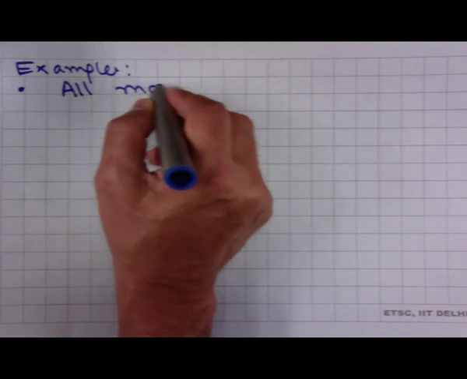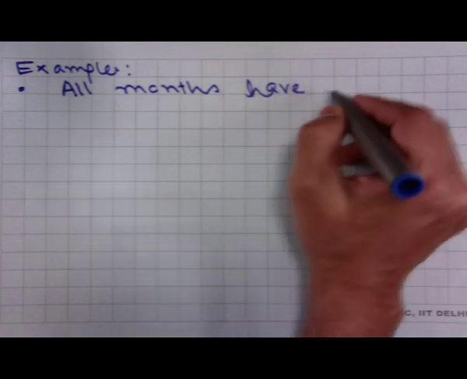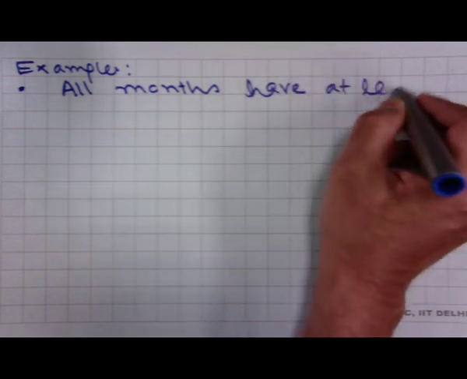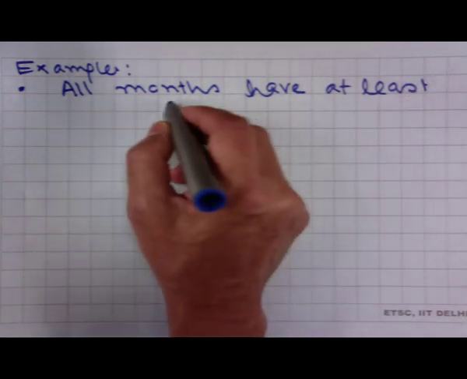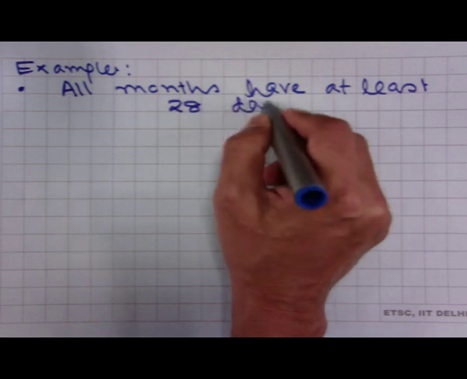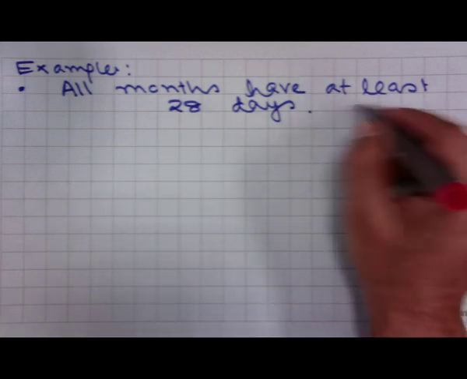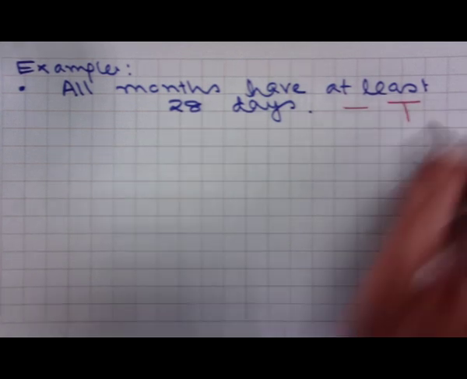All months have at least 28 days. It is correct, because all the months will have at least 28 days. Therefore, this is true.